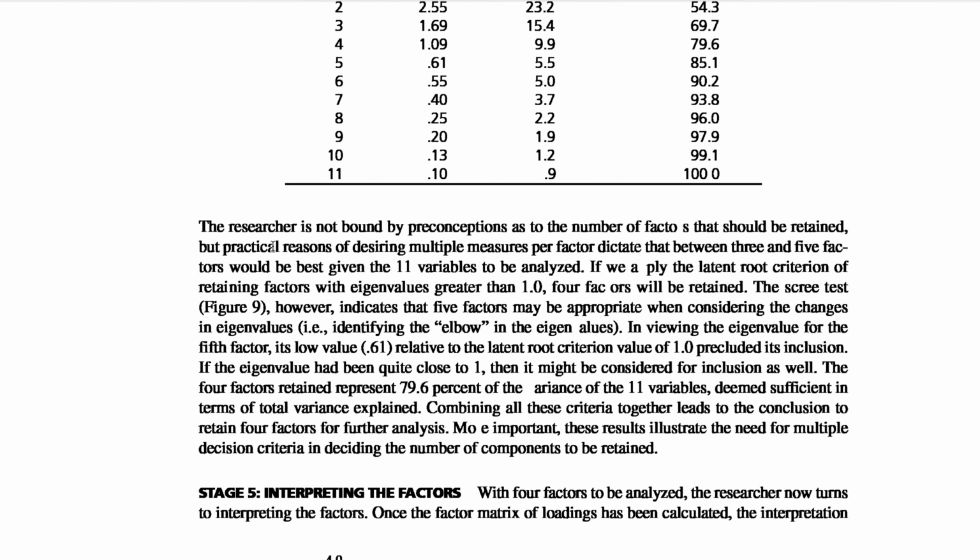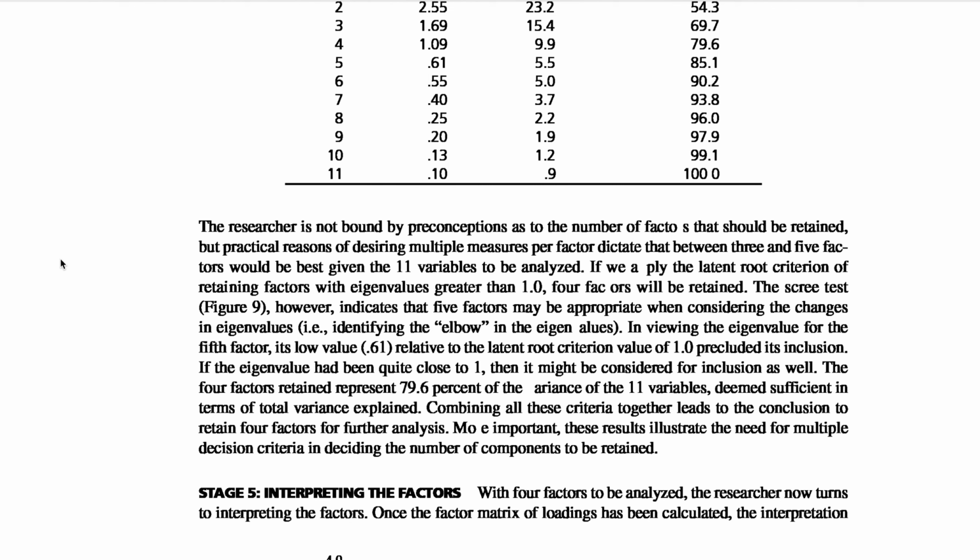Let's talk about it further. The researcher is not bound by preconceptions as to the number of factors that should be retained, but prior research describing multiple measures per factor indicates that between 3 and 5 factors would be expected given 11 variables to be analyzed. If we apply the latent root criterion and retain the factors with eigenvalue greater than 1.0, four factors will be retained.